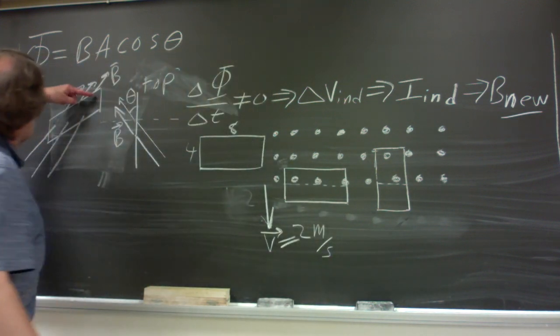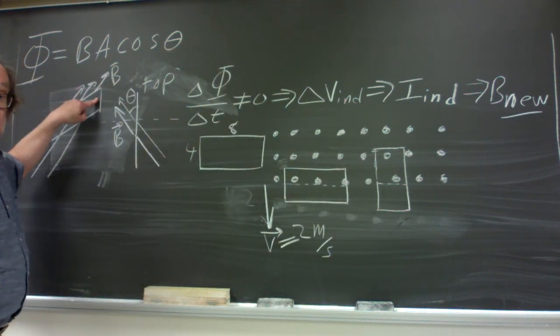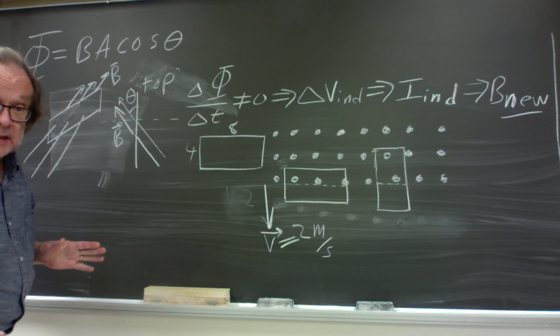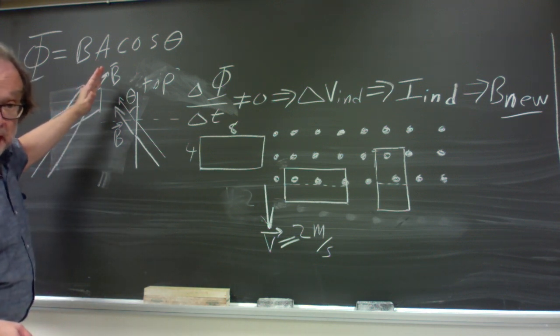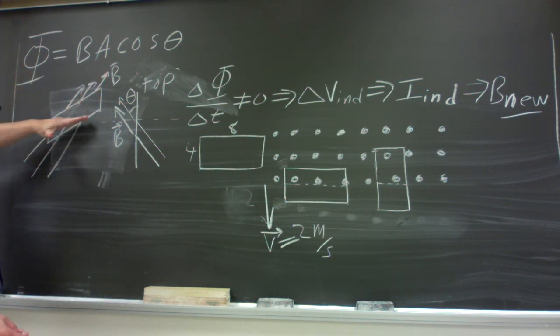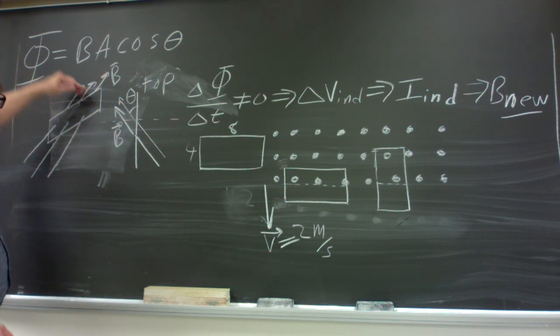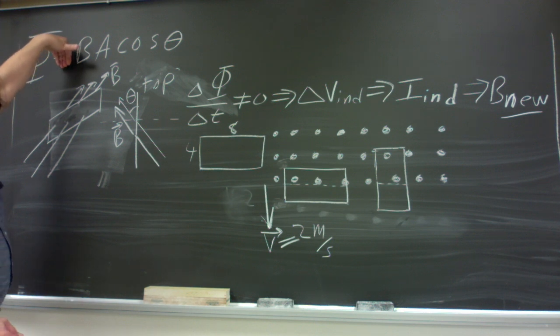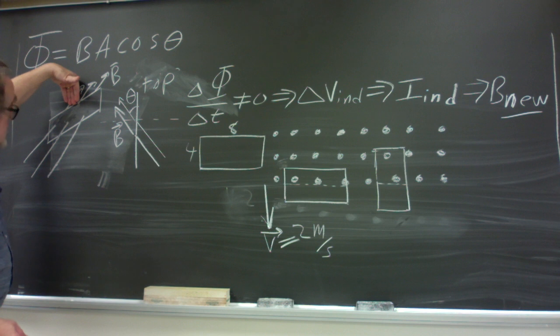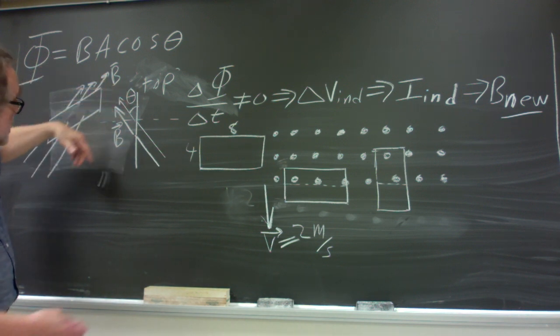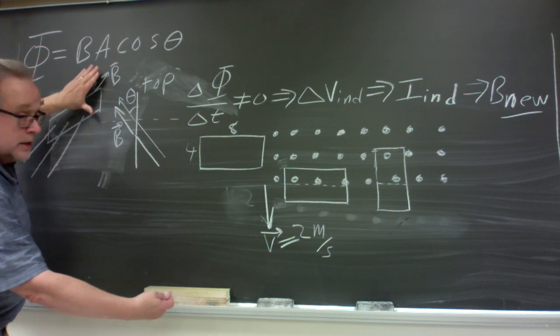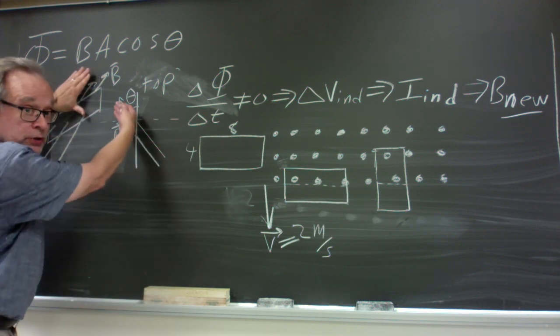You've got, say, a loop of wire that outlines some area, and then there are magnetic field lines passing through that area. Here's a side view, and now if you look from the top, of course all you'll see is the edge, the top edge of this loop, and then you'll see these magnetic field lines going this way.